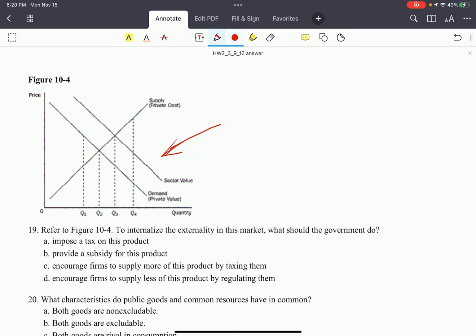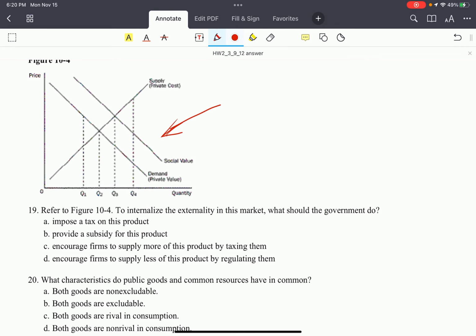So the social demand curve is on the right of the private demand curve. Then in this case, you can see that to internalize the externality in this market, the government should encourage education. So what the government can do is to provide a subsidy. So here, let me see, it should be B here.